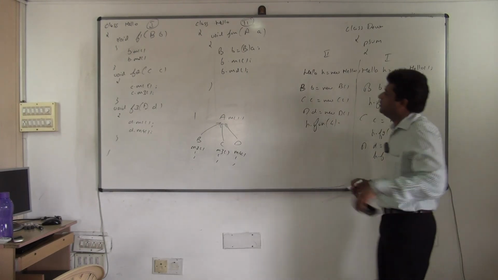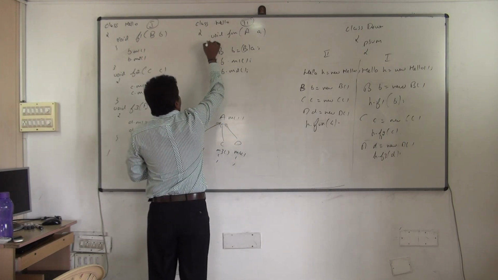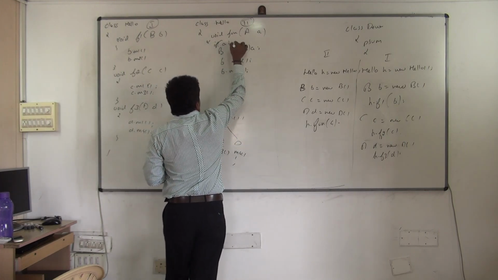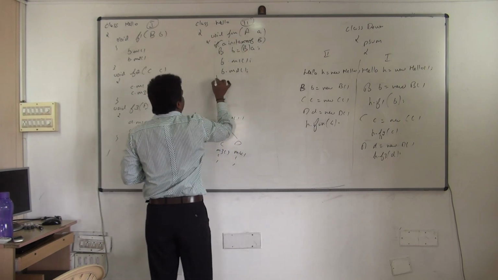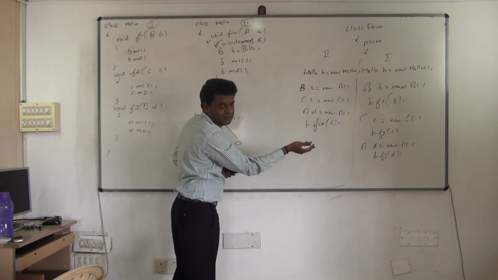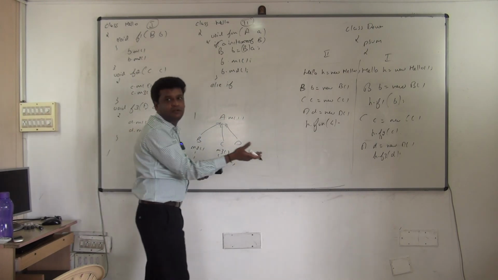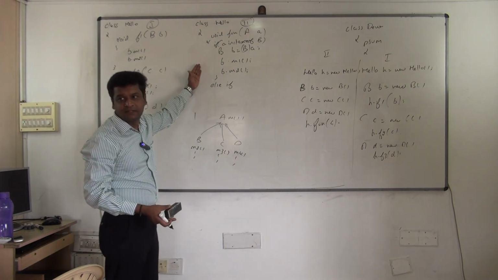That is why, instead of doing it like this, we start using the instanceof operator. If A instanceof B, do this, else if, the same logic what you wrote in the main function, write it in the fun method. That's it.